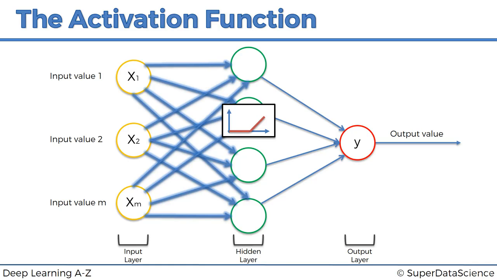We apply the rectifier activation function, and then from there, the signals are passed on to the output layer, where the sigmoid activation function would be applied, and that would be our final output, and that could predict a probability, for instance. So this combination is going to be quite common, where in the hidden layers we apply the rectifier function, and then in the output layer we apply the sigmoid function.